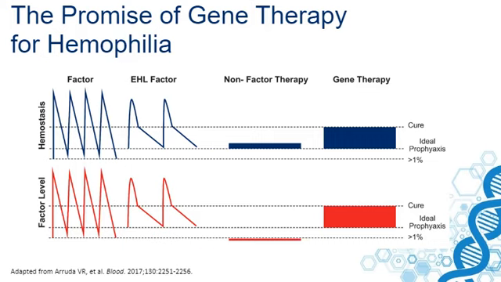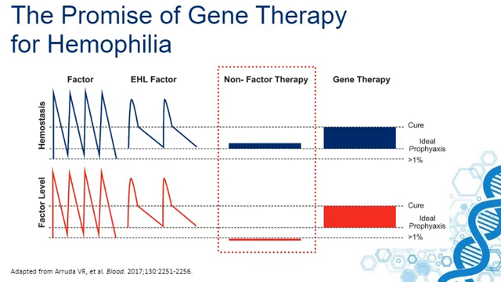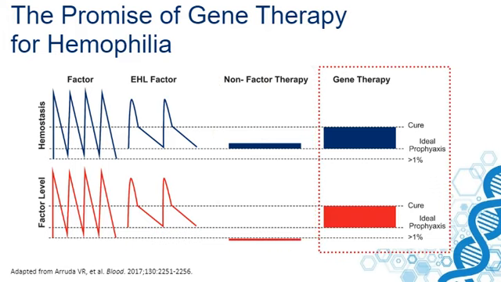And then moving further right to the non-factor therapies, these don't improve the clotting factor levels because they're not using conventional clotting factors in the circulation, but they do improve levels of global hemostasis. And you can see that illustrated at the top part of the graph. And then on the right-hand side of the slide, you see what can be achieved with gene therapy.